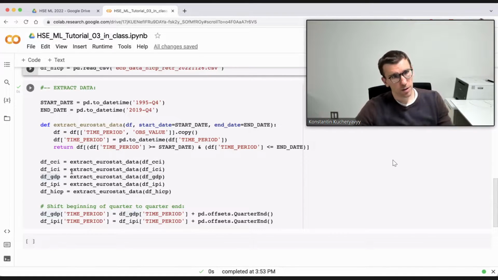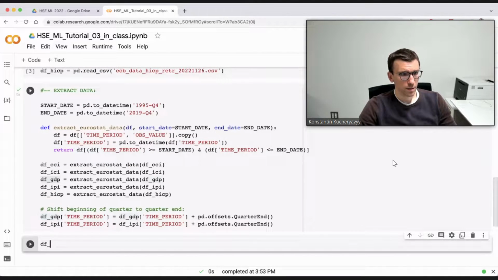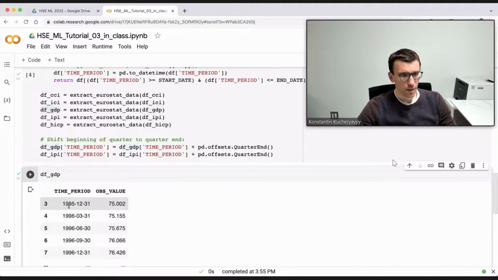So if you look at, say, the GDP, I'm assigning the value of the fourth quarter of 1995 to the last day of the quarter, which is December 31st.